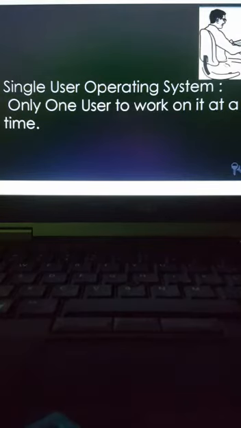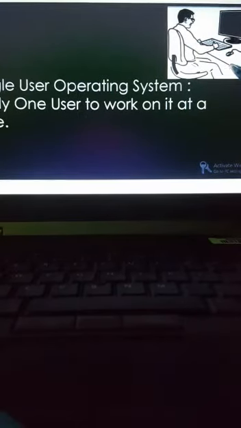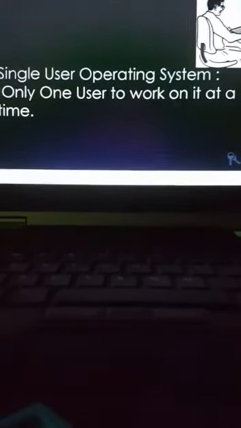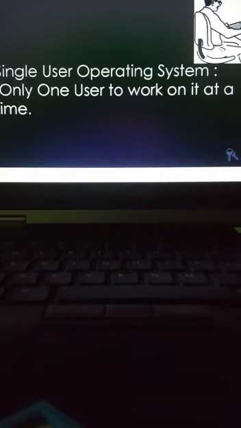A single user operating system allows only one user to work on it at a time. Only one user. Students, you can see one man, one user, operates this system, only one user on a computer at a time.